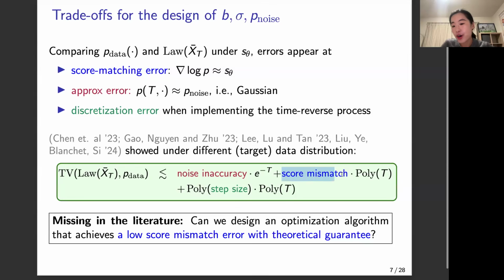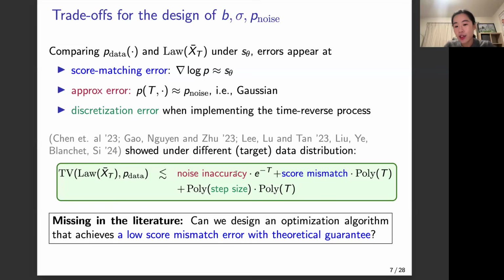That means if score mismatch contributes a huge level of error, then we won't be able to have a good control on the output law of X bar compared to the data distribution. So that's one of the motivations when we first started studying diffusion models. We want to find or design a good optimization algorithm that people can implement and think about what type of architecture we want to use to approximate S theta so that we can guarantee a low score mismatch error.